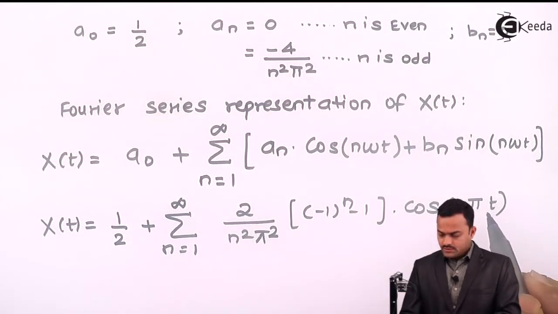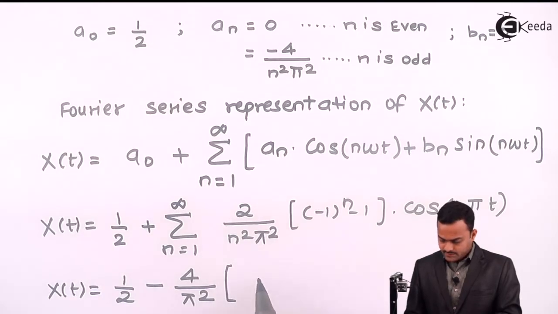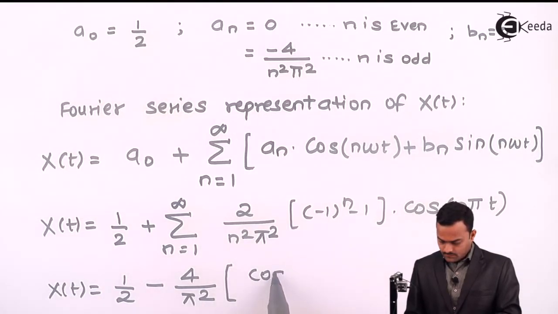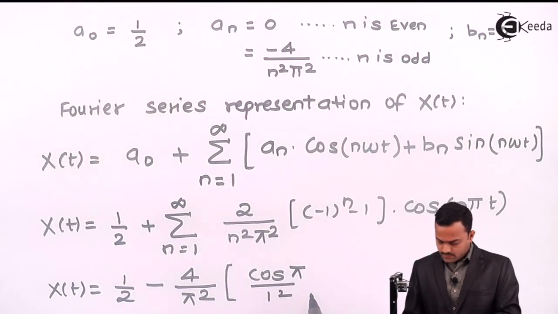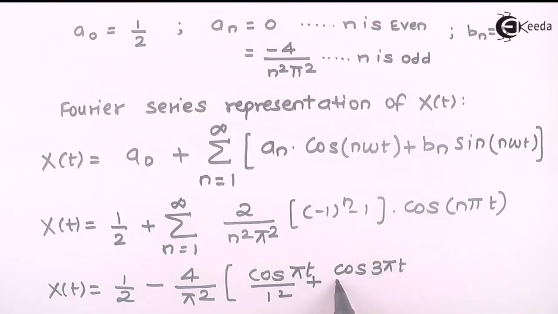So if we further implement the values of even and odd, I will get this equal to 1 by 2 minus 4 divided by pi square, in bracket it will be cos pi t upon 1 square plus cos 3 pi t upon 3 square plus cos 5 pi t upon 5 square.